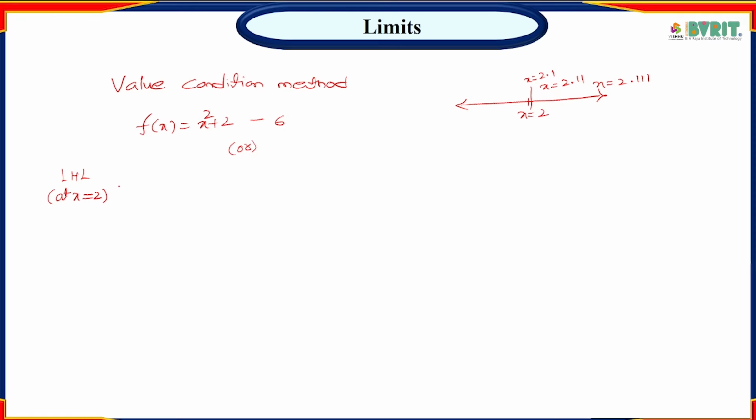Left hand limit at x is equal to 2, that is limit h tends to 0 plus f of 2 minus h. Now here f of x is equal to x square plus 2. Now here f of 2 minus h is nothing but 2 minus h whole square plus 2.